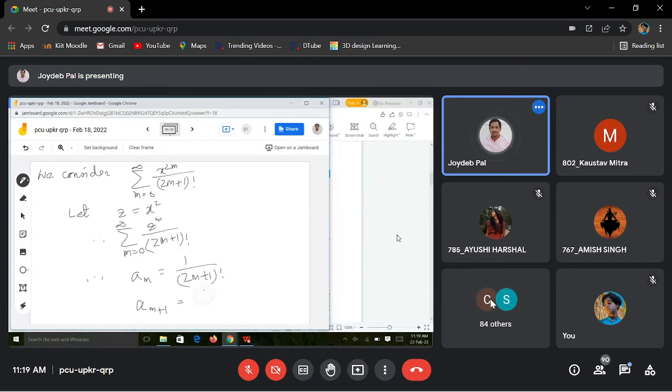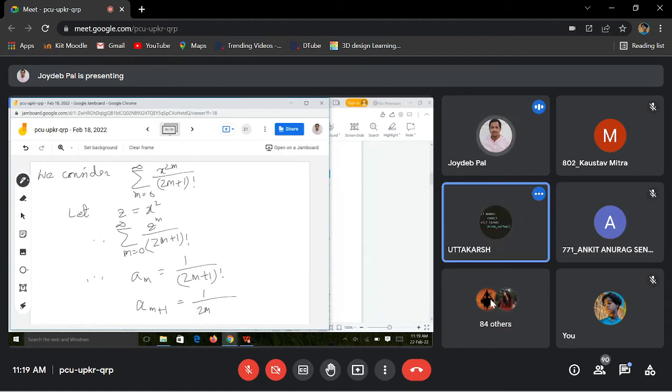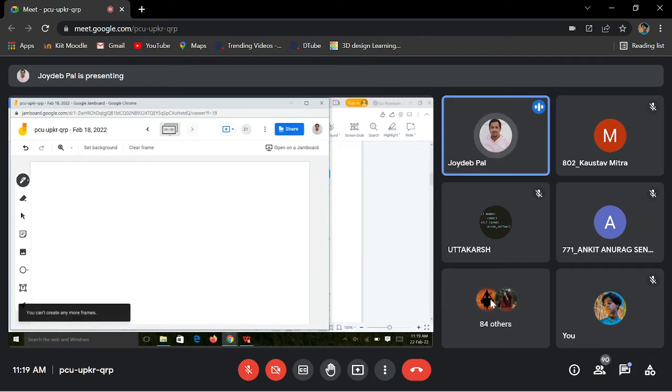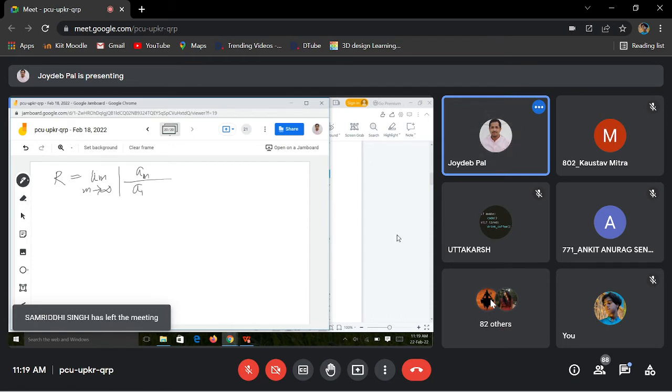What is a_(m+1)? 1 by 2m plus 3 factorial. Now, radius of convergence formula: limit m tends to infinity modulus of a_m by a_(m+1).